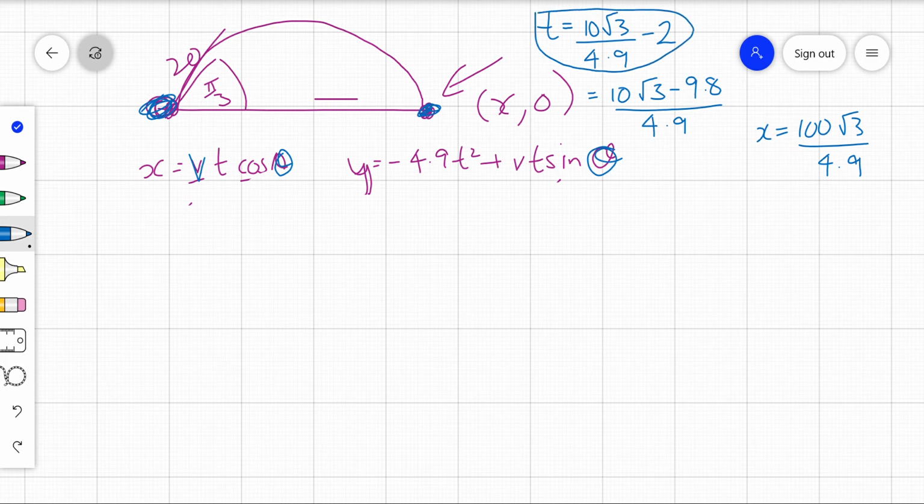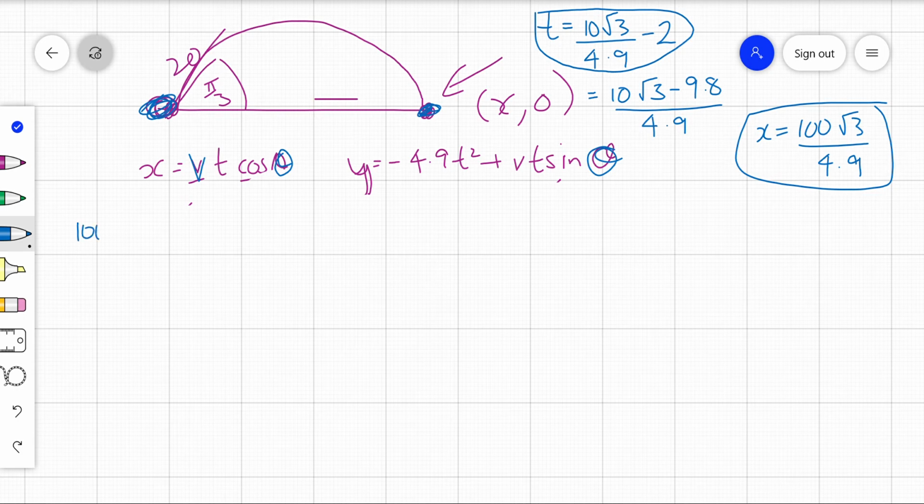If I sub that time of flight in, and also I do know my x value, let's sub both those in and see what we get. Because for our second object, which has gone 2 seconds later, we want to find its initial velocity and its angle of projection. So I'm going to put in everything I know here.